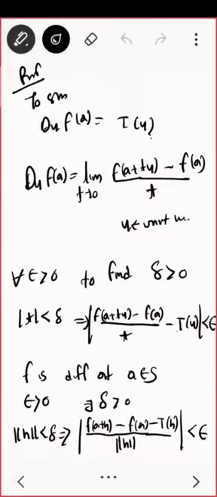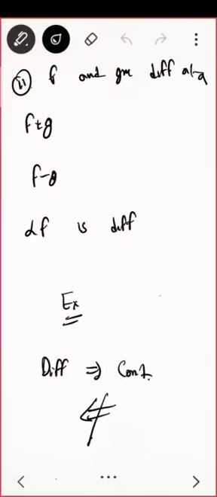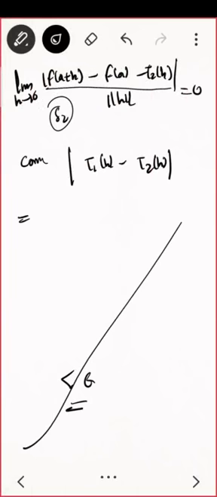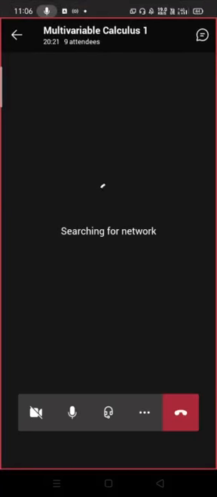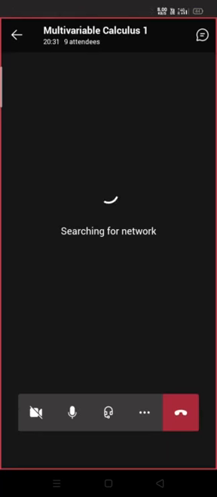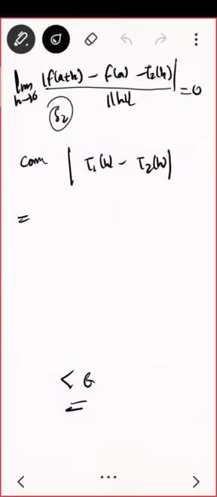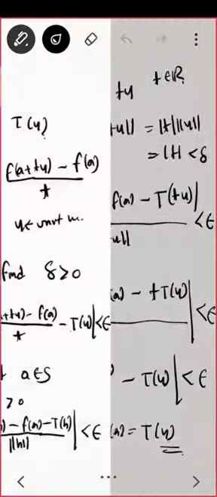You see that? So what did I prove? I proved something beautiful: if your function is differentiable, then the directional derivative exists.